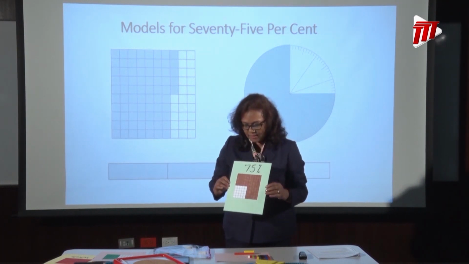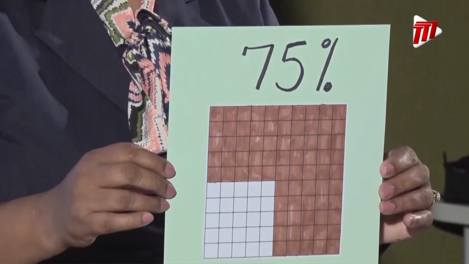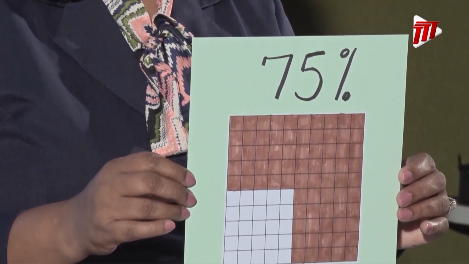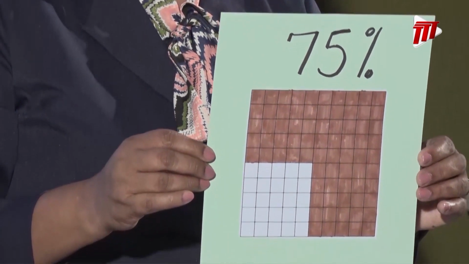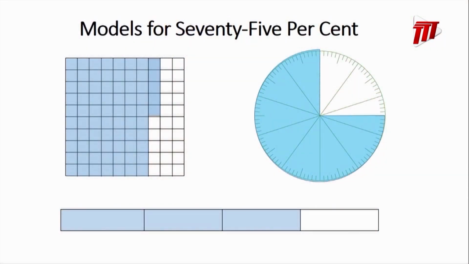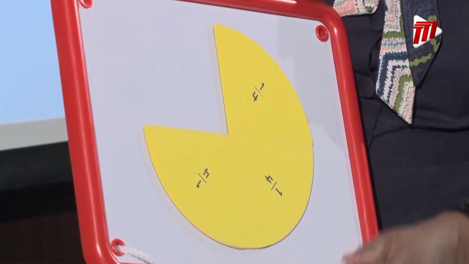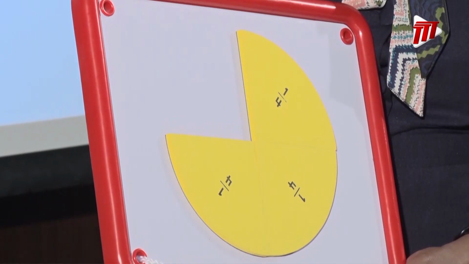So this is my grid, and my grid shows 75 of those squares that are shaded. So this is 75%. As a fraction, it is 3/4. As a decimal, it is 75 hundredths, or 0.75. I can also show 75 using my disk. I've represented 75% or 3/4 or 75 hundredths.